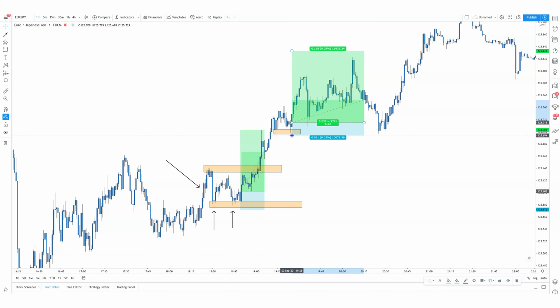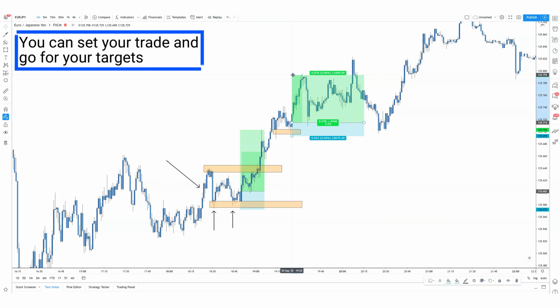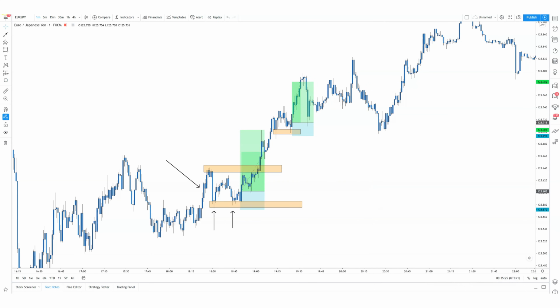I personally like to use stop orders when it comes to the 1 minute time frame, and then you can set your trade and go for your targets, your 1 to 3 risk to reward ratios, whatever it is that you're looking for. And personally, I really like this because we have a level that's created that we're not impulsively jumping into straight away. We're identifying that the market is creating that level and then respecting that level.